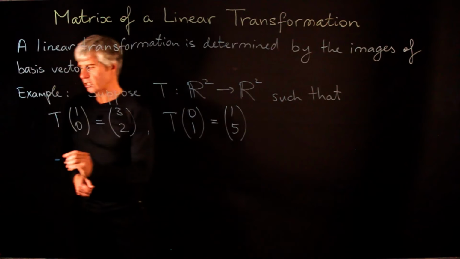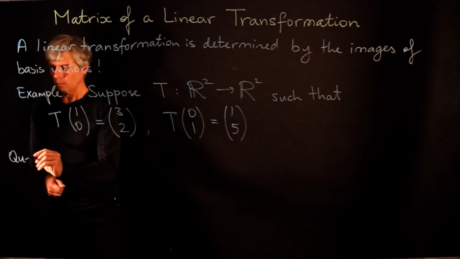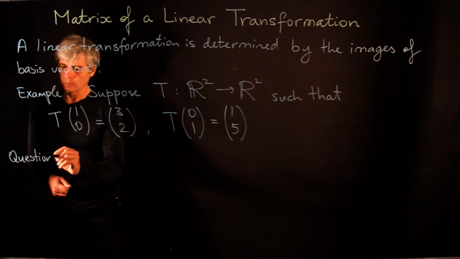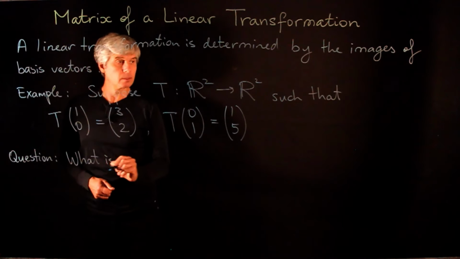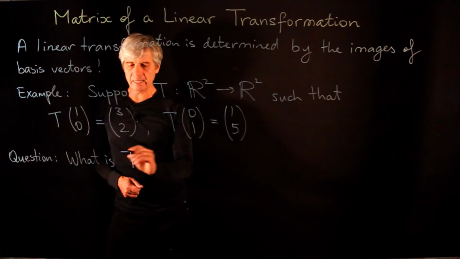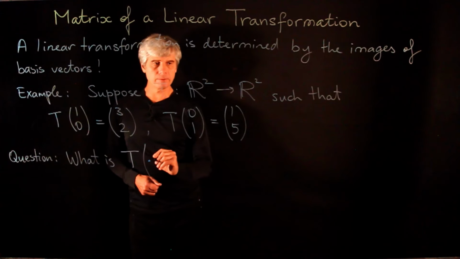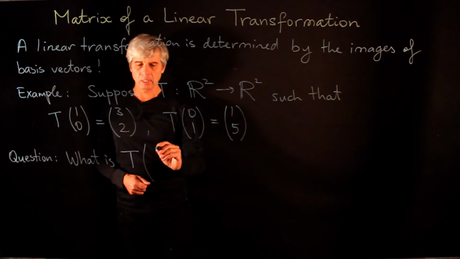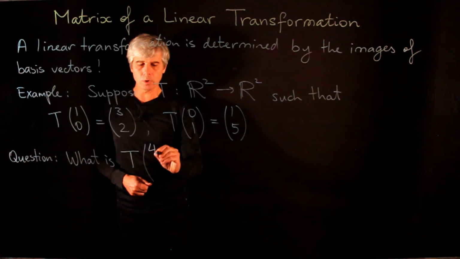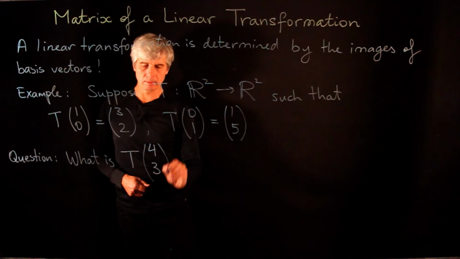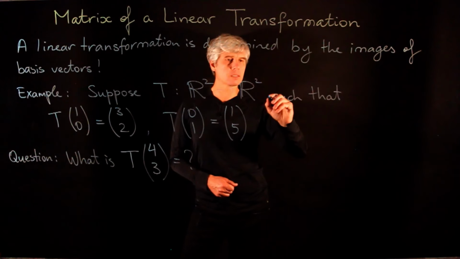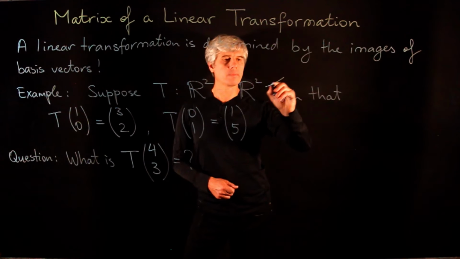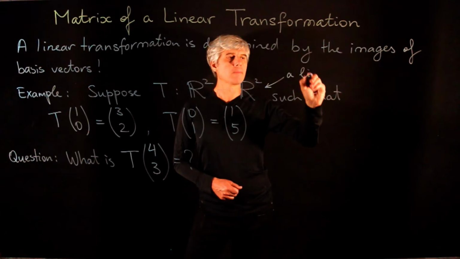Now, the question: what is T of, say, (4, 3)? And here we should say that this is a linear transformation.